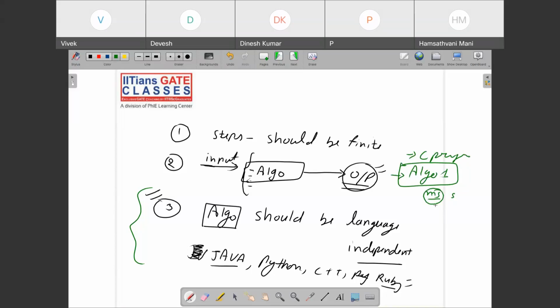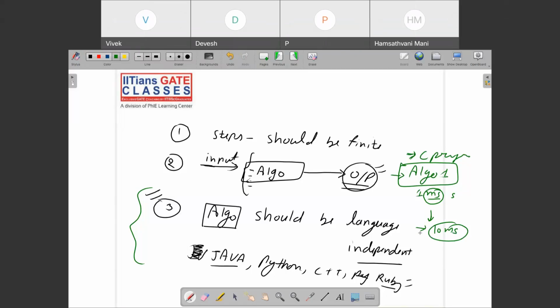But if you execute the same algorithm in Python, it will take around 10 times more than C programming. If C is taking 1 millisecond, Python will take 10 milliseconds. This happens because of the compiler, but it is just 10 times. We don't consider 10 times to be very huge, right?